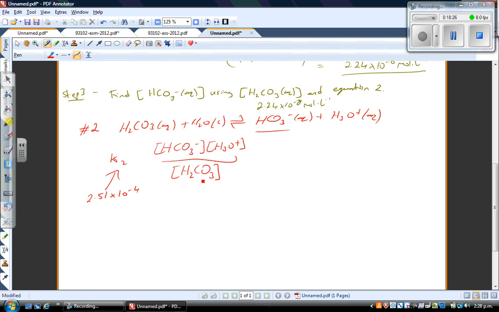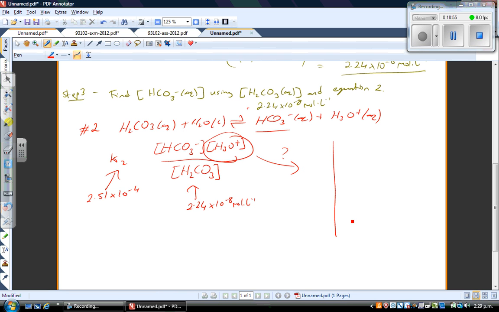The concentration of H2CO3, we just found, was equal to 2.24 by 10 to the minus 8 moles per liter. So the only concentration we need to work out now is the H3O plus, and that will allow us to get the HCO3 minus. So how do we find this?